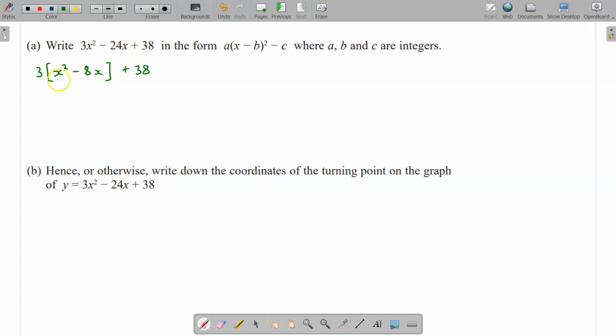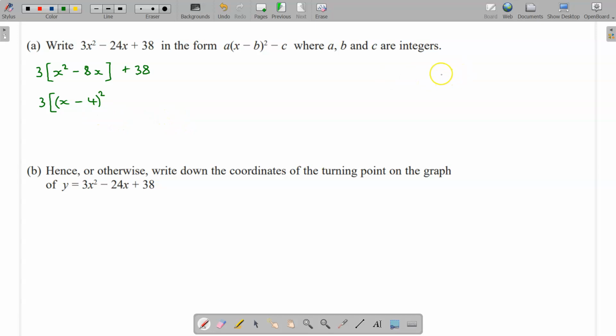Now I'm going to complete the square for this bracket. So I've got 3 lots of x minus 4 all squared. Okay, and that's going to leave me with a plus 16 at the end.